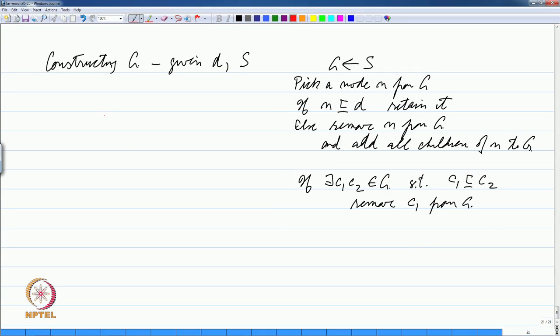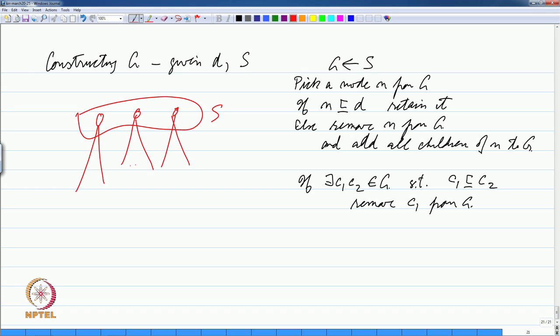We are not interested in their children, because they will naturally be subsumed by D. If a node is subsumed by this given node D, then its children also will be subsumed by node D. So, what is happening is that we started with some S, and then essentially we started adding children of these S. So, D is somewhere here, let us say.